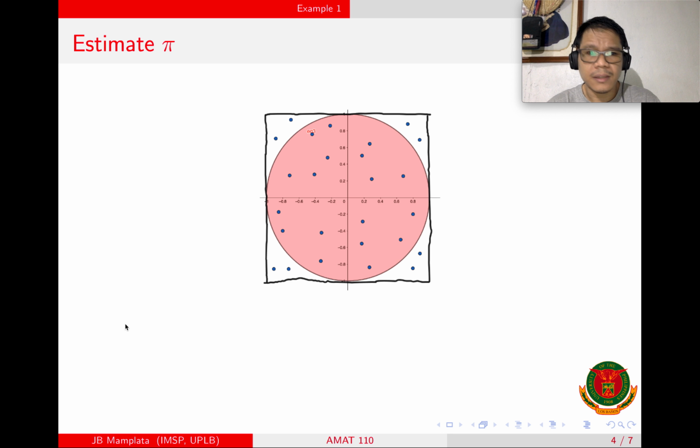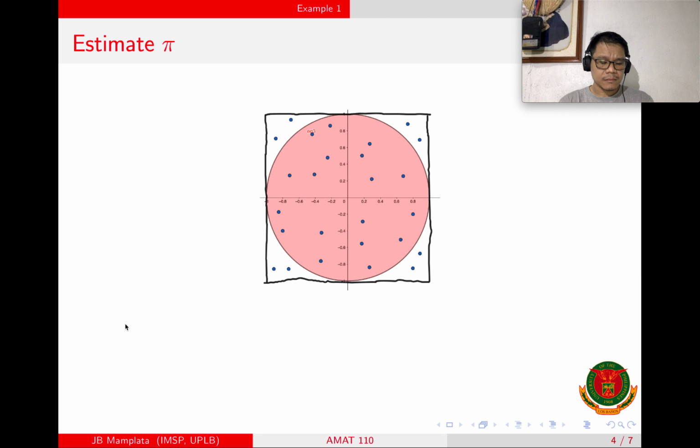We draw a square where the vertical lines are defined by x equals -1 and x equals 1, and the two horizontal lines are defined by y equals 1 and y equals -1. Okay? And from that square, we will inscribe a circle.